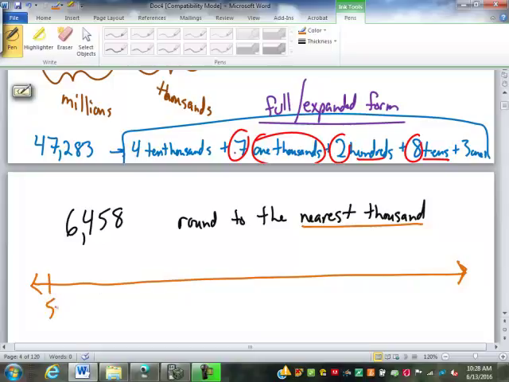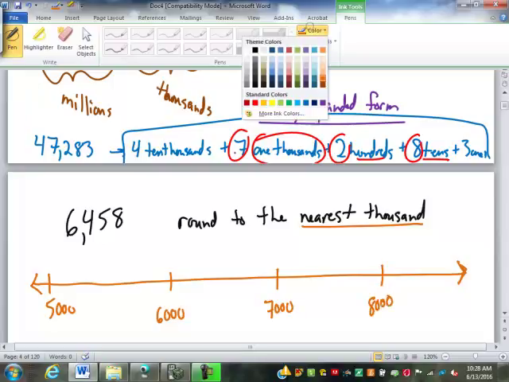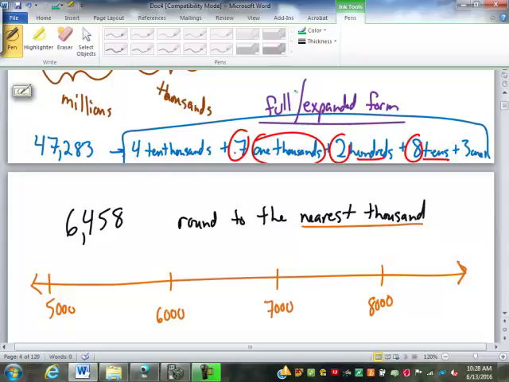So this might be 5,000, 6,000, 7,000, 8,000, and so on. When it's saying to the nearest thousand, it's saying if I locate that number on the number line, which thousand is it physically closest to? Well, it is closest to the 6,000. So that rounds to 6,000.